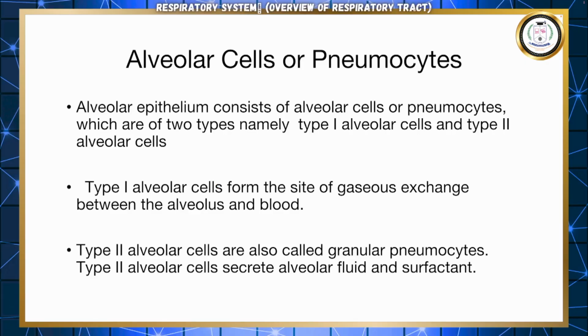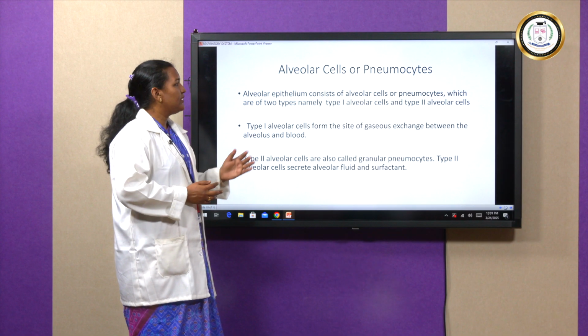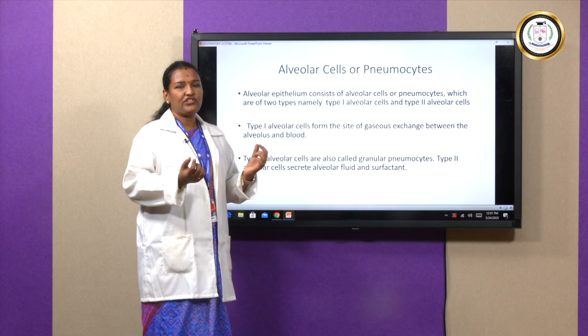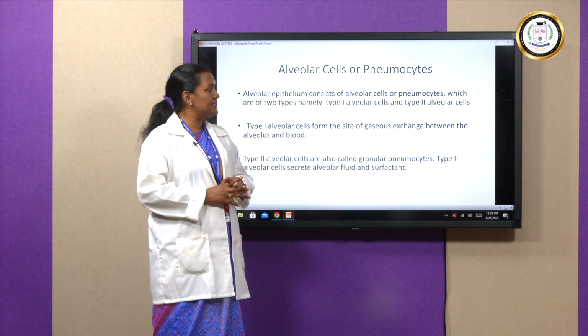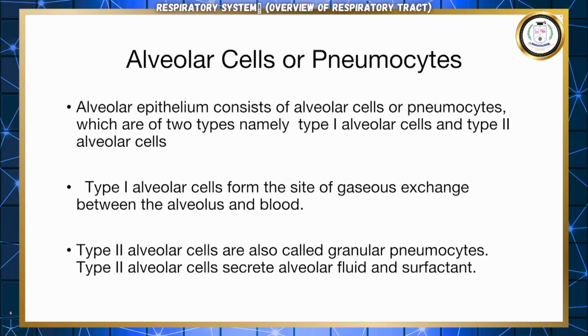Next, moving on to the alveolar cells or the pneumocytes. Alveoli are the main components which allow for exchange of gases between the alveoli and the blood. Alveolar epithelium is a lining which lines the alveoli. It is made up of alveolar cells or pneumocytes which are of two types, namely type 1 and type 2 alveolar cells.